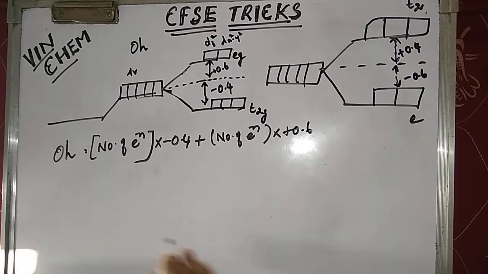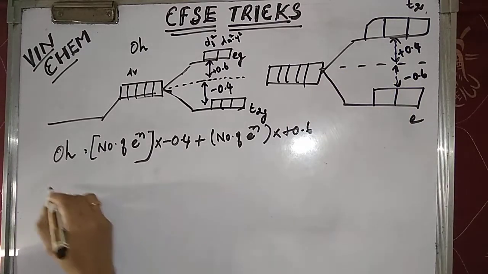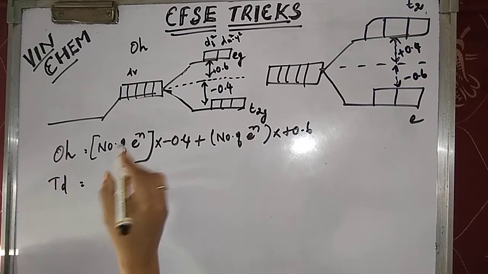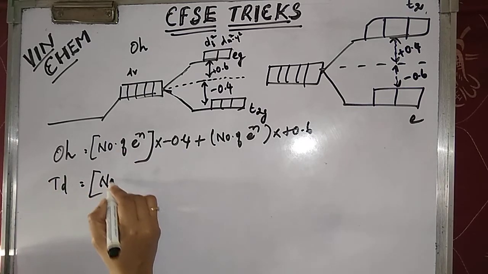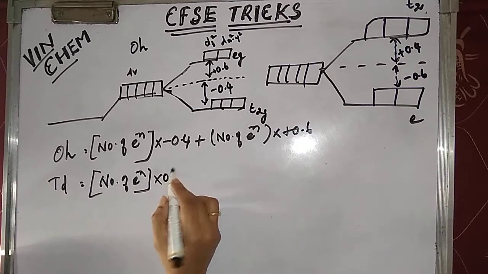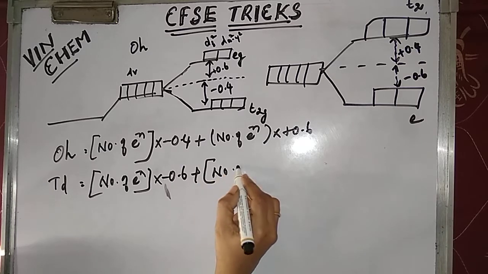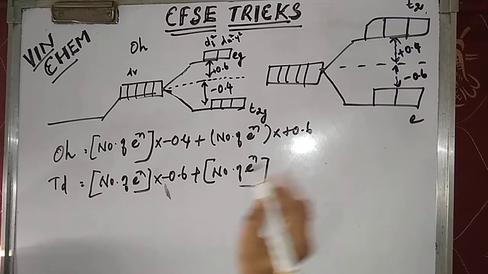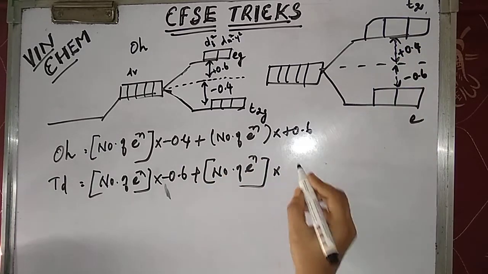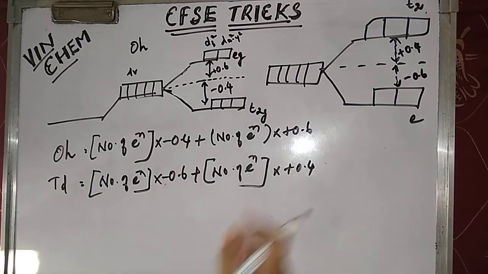This is the formula for the octahedral CFSE value. In the same way for tetrahedral, number of electrons into minus 0.6 plus number of electrons into plus 0.4. This is the difference between these two.